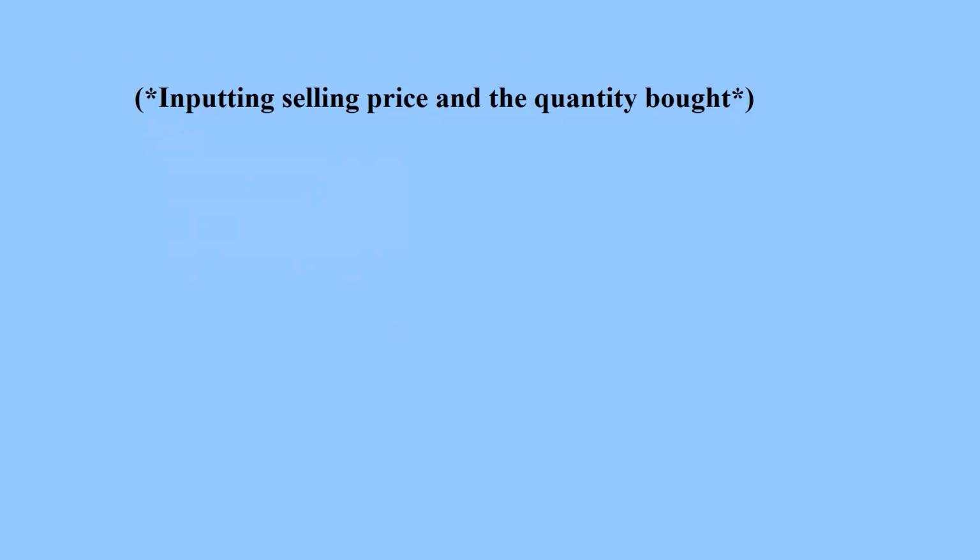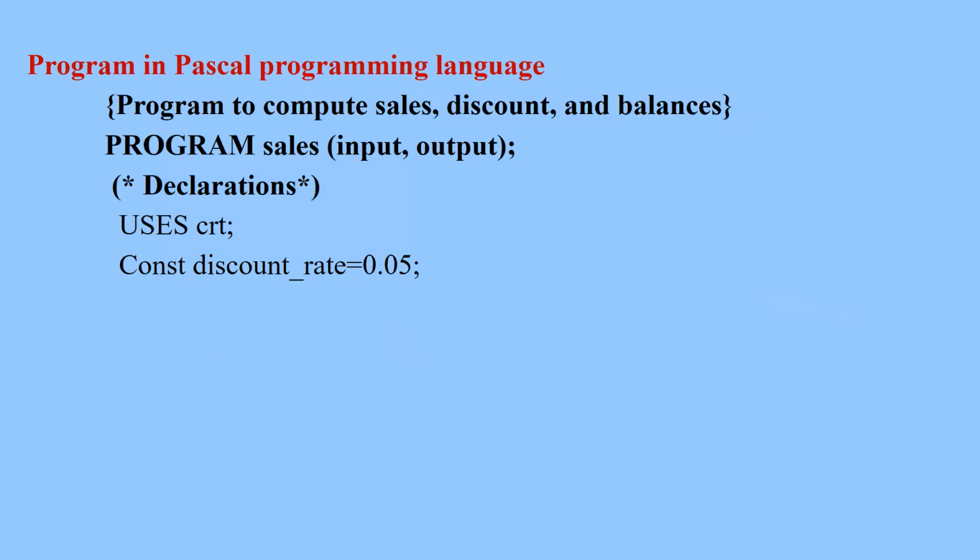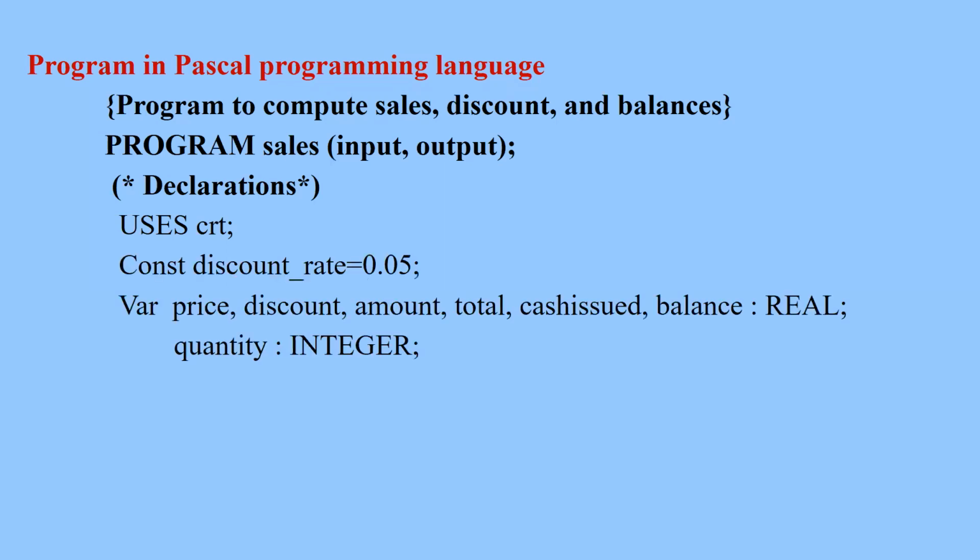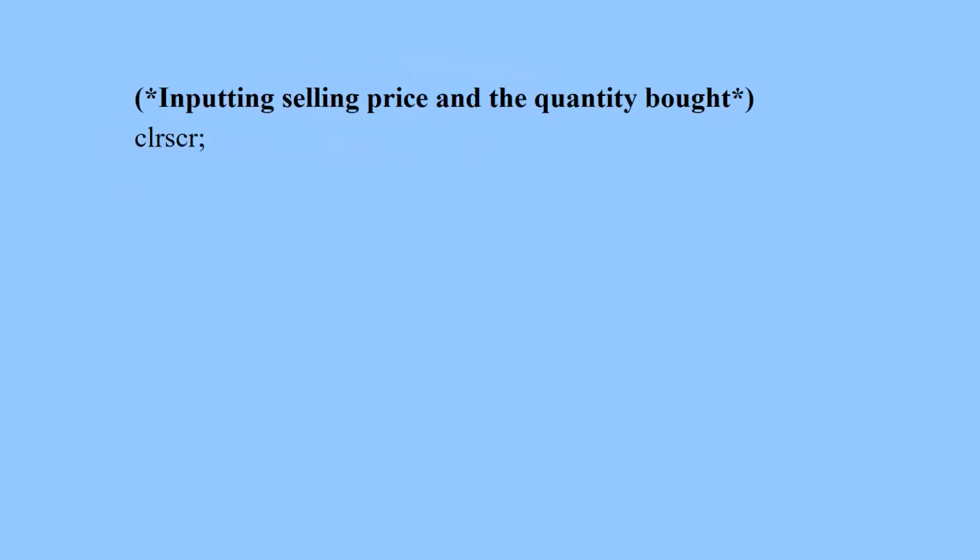We can call uses a file that contains various functions, like a function for clearing the screen, changing screen color, and other operations. Because we have the uses, that's why this function works. If you have to clear the screen, you have to make use of the uses declaration there.